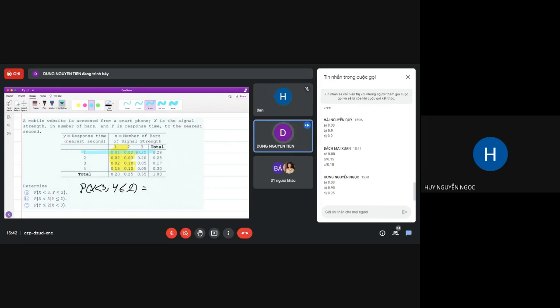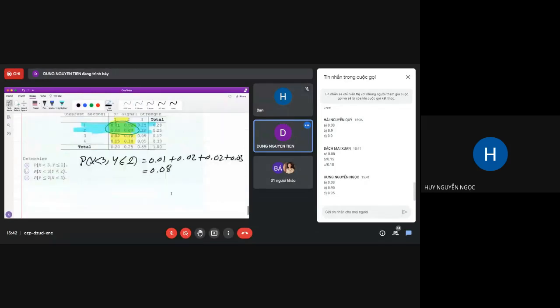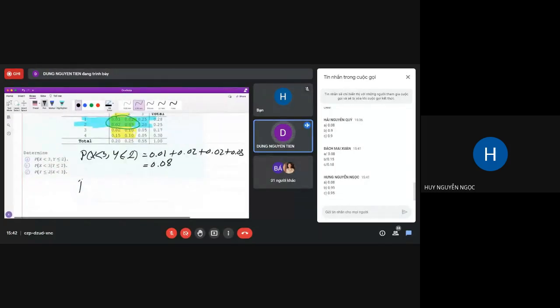You have these two columns. So you come up with these 4 values, and the sum of the 4 values will give you the joint probability. So it gets 0.01 plus 0.02 plus 0.02 plus 0.03, and then it gets 0.08.